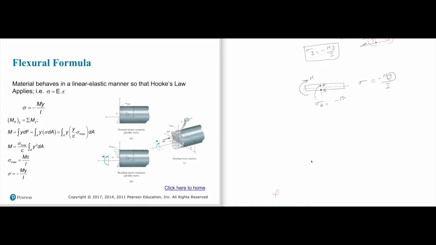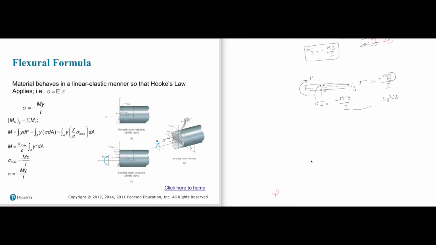So what is y in this case? Y is nothing but this distance. That distance is y. So my over, what is I? I is area moment of inertia or second moment of inertia. There are different names. So it is integral y squared dA. We don't need to apply the integral always.